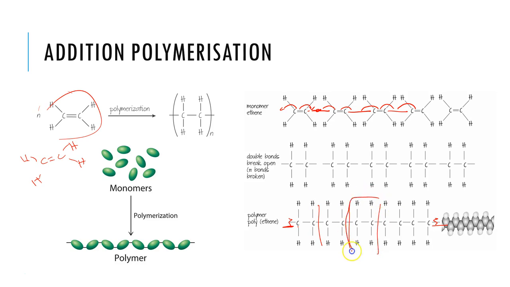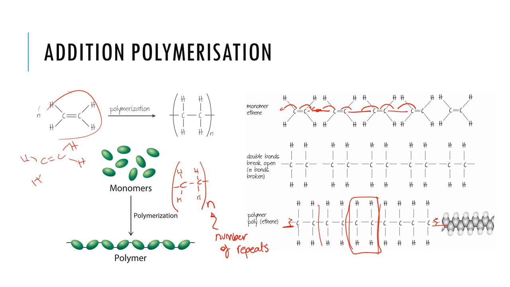We take out one of those repeats, write what it is, open the bonds on each end, surround it in brackets, and put n. And this n is what is telling us the number of repeats, and it could be 20, it could be 50, it could be 1,000.